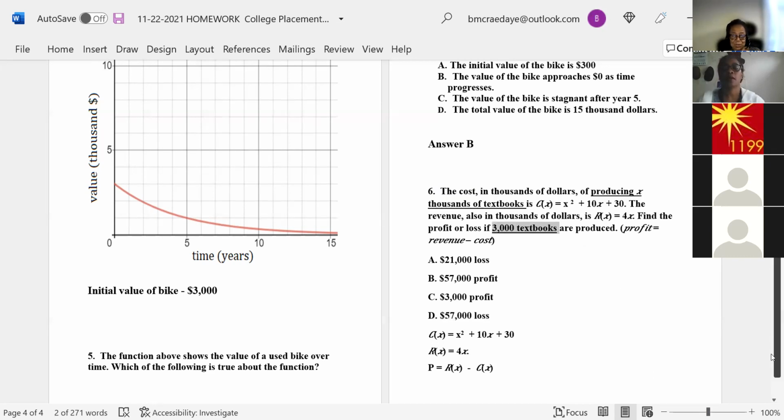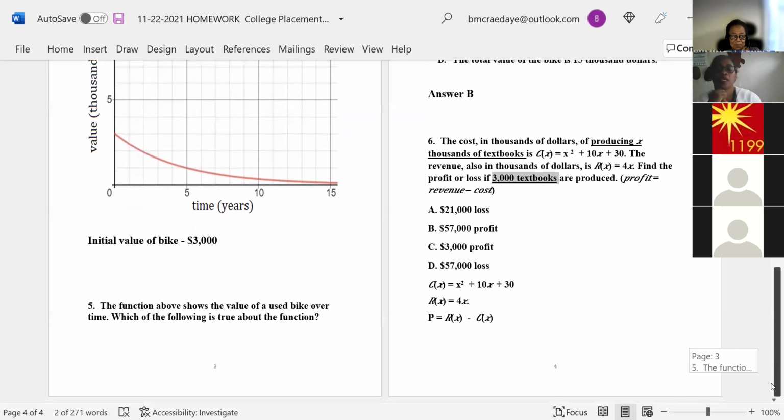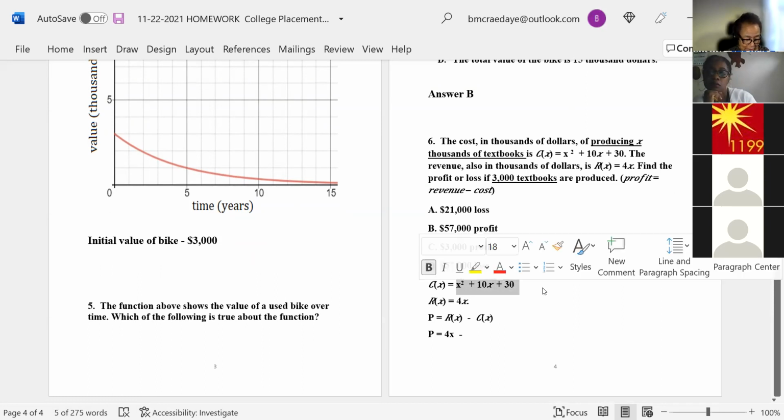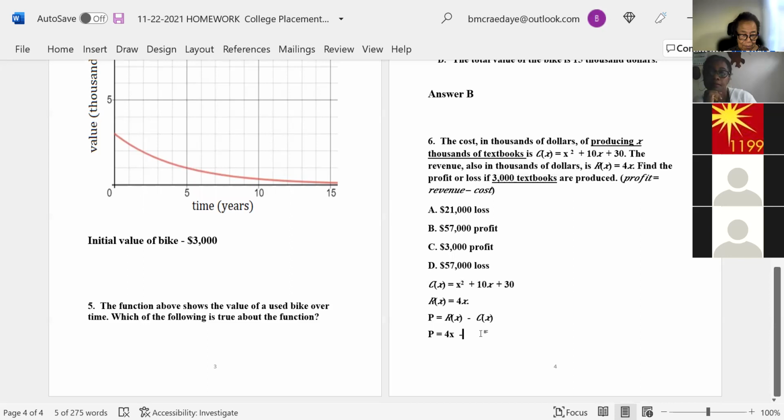Any questions? Well, R of X is 4X. So when you substitute, this is going to be P equal what? 4X. That's the revenue. Minus the cost, which is X squared plus 10X plus 30. Okay, so what is your revenue?